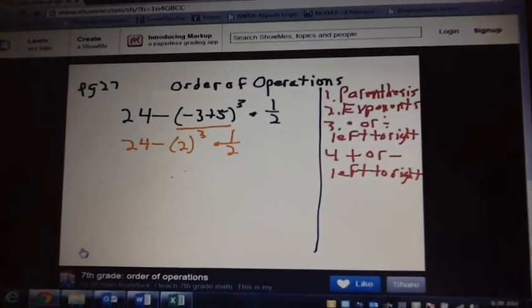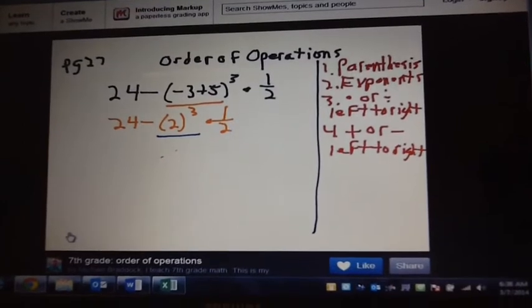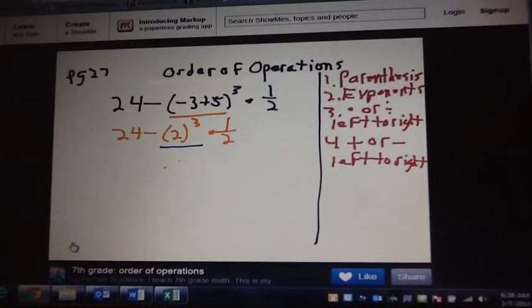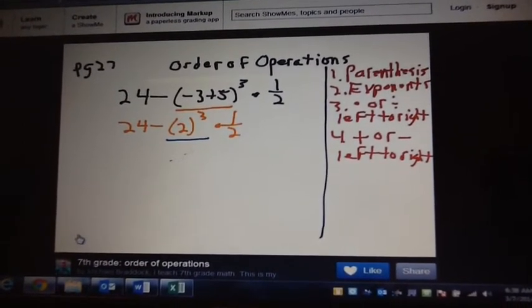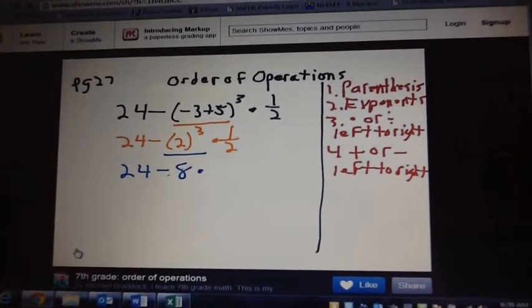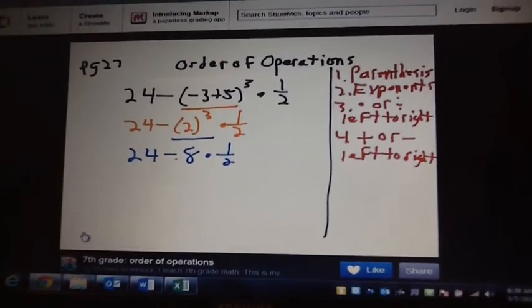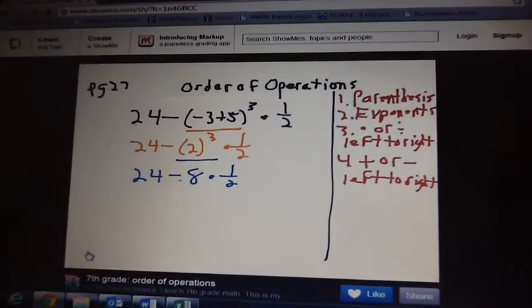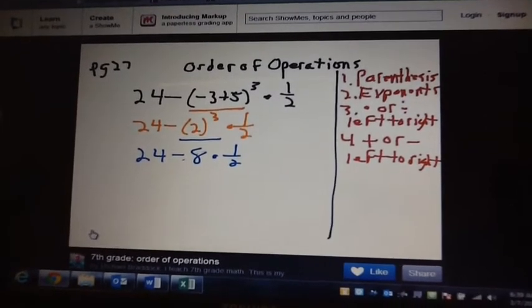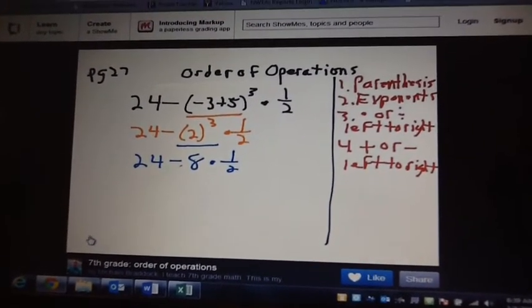Then I look to see if I have any exponents, which I do. I have to do 2 to the third power, which is 2 times 2 times 2, which is 8. Again, I just rewrite everything except for what I just did. For the next step, the two choices I have left are subtraction and multiplication.